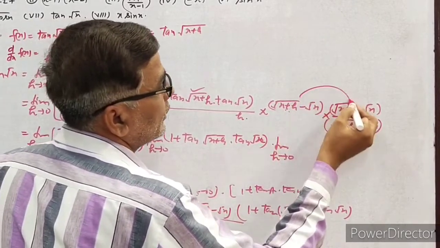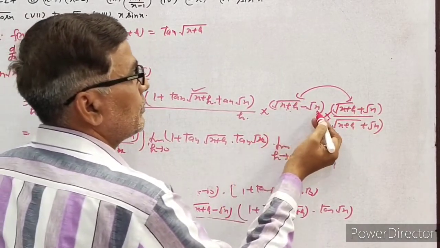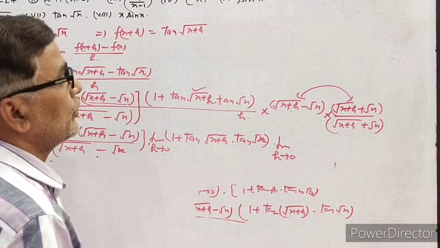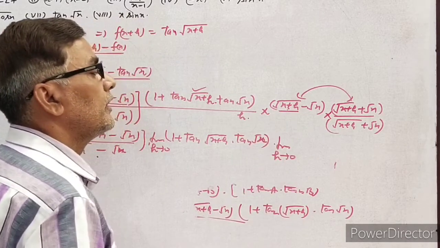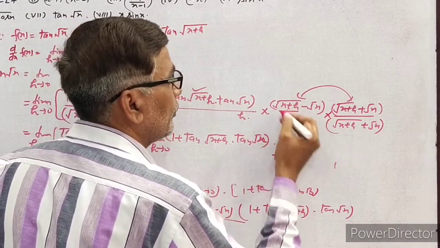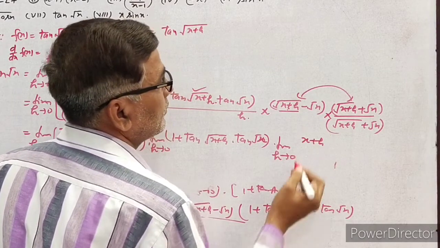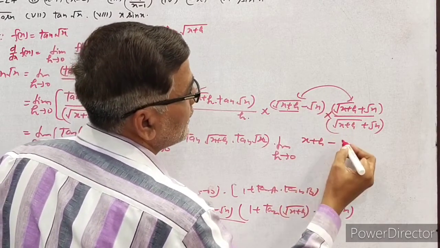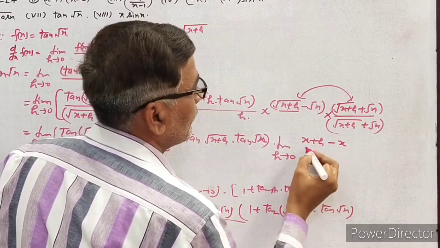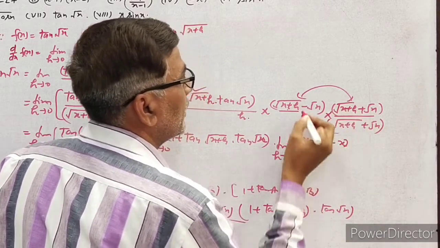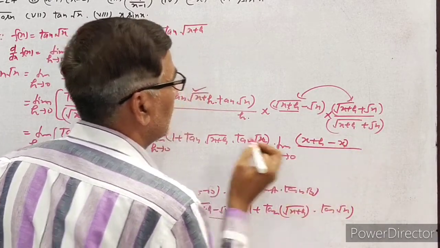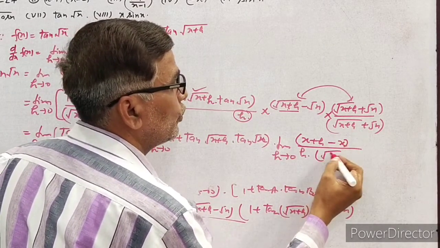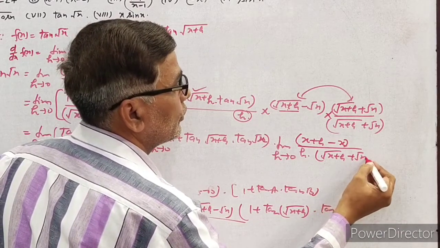On multiplying these two terms, a minus b into a plus b, we have a squared minus b squared, where a is root of (x plus h). On squaring a, we have x plus h, minus on squaring b, b meaning root x, we have x only. On multiplying these two terms, we have this upon h, and this term root of (x plus h) plus root x.